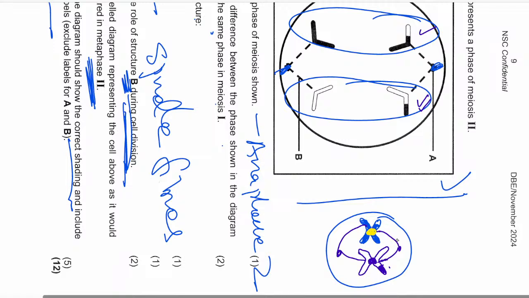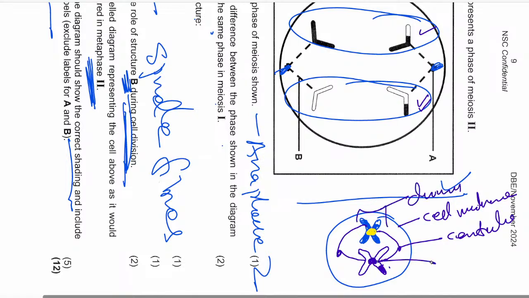You see the function of the spindle fibers, they hold the chromosomes along the equator. So now you tell us this is the cell membrane, then this is the centriole. As long as you have 3 points correct, you tell us this is a chromosome, then this is a centromere. That's what they wanted. Simple.